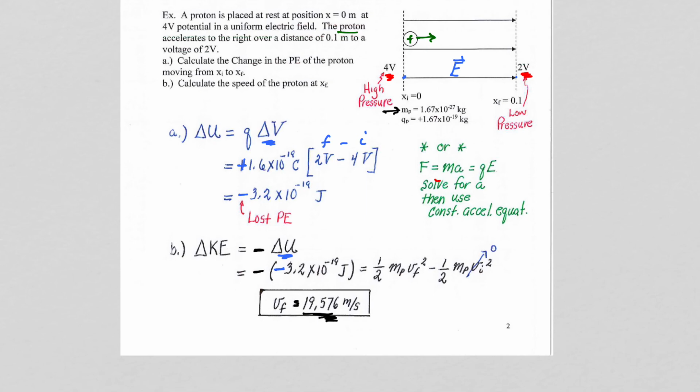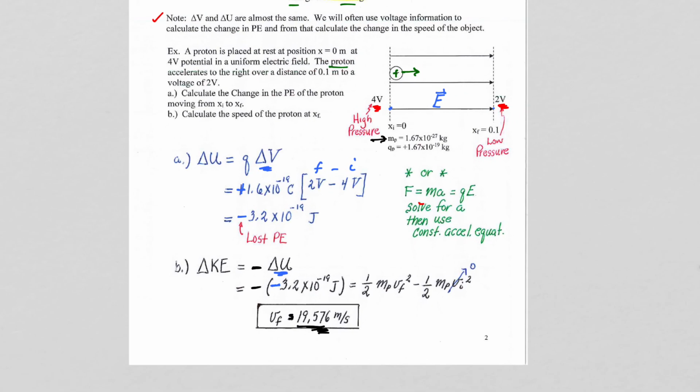Had we been given electric field information, we could, of course, have used F equals ma equals QE. Just like in mechanics, you don't have to use the energy approach. You can use forces and acceleration for calculating what is going on in a problem. But if we have the energy approach, it's a scalar to work with.